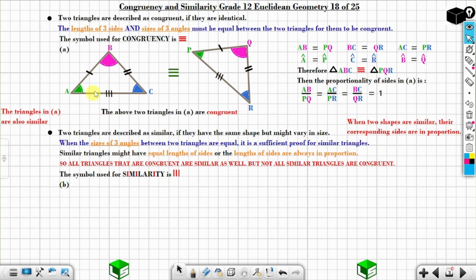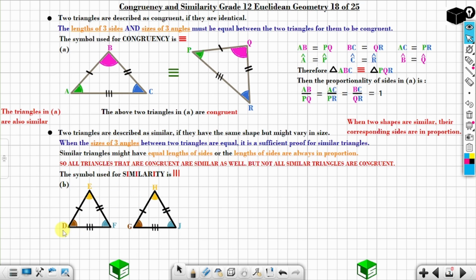So let's see an example. Example B. You can have a triangle DEF and triangle GHJ.